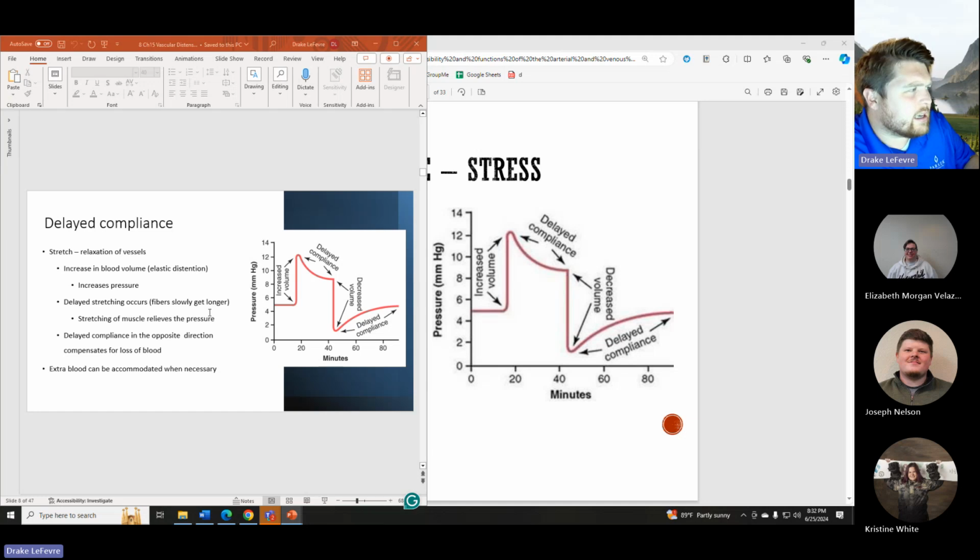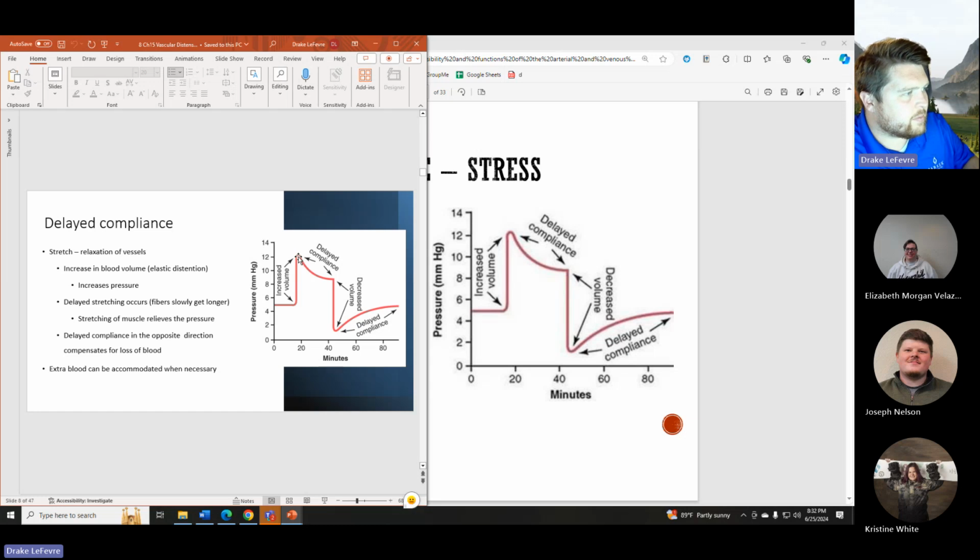The general idea of it is that when we get an increase in blood volume, the veins, for example, will slowly stretch instead of stretching really quickly. The slow stretching of the muscle helps to relieve the pressure of the increased amount of blood.